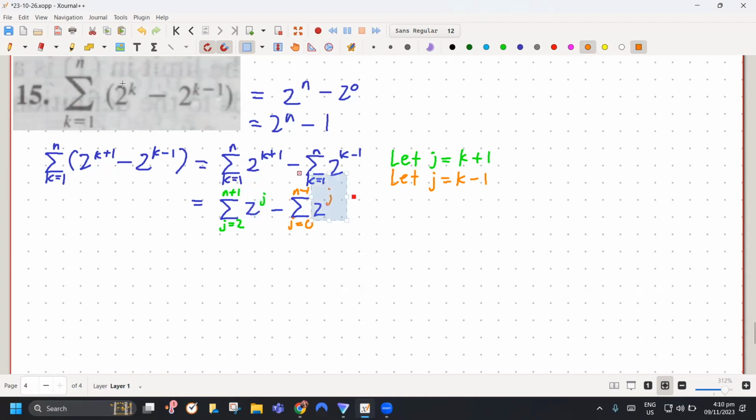So, now that we've re-indexed, what can we do with that? Evaluate mo. So, ito is ano ba to? 2 to the j. Sige, tingnan mo muna.